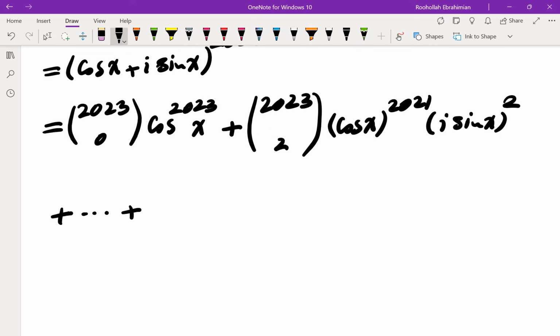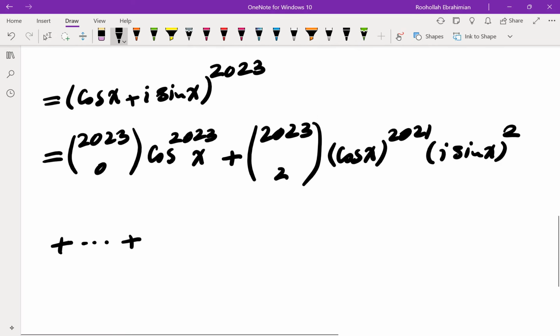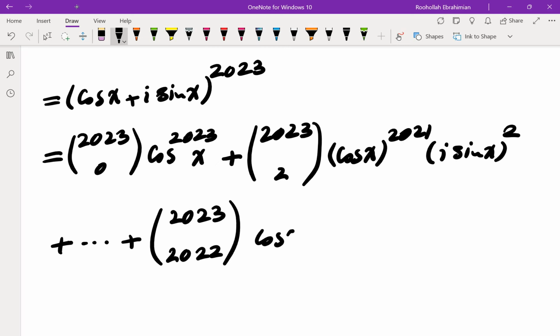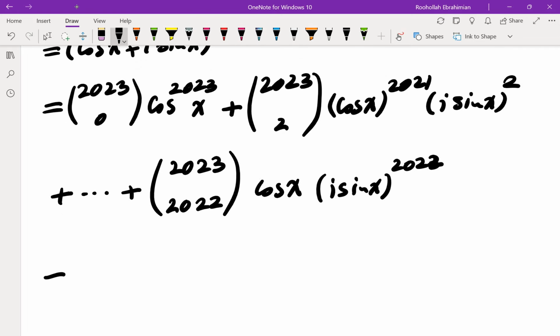All the way to the last one where we have a real term. The exponent of i sine must be even, so the last even would be 2022: cosine of x and then i sine of x raised to the power of 2022. So these are the real terms in that sum.